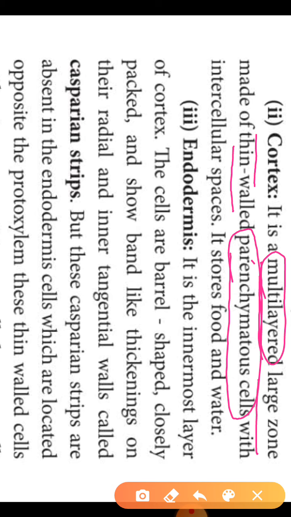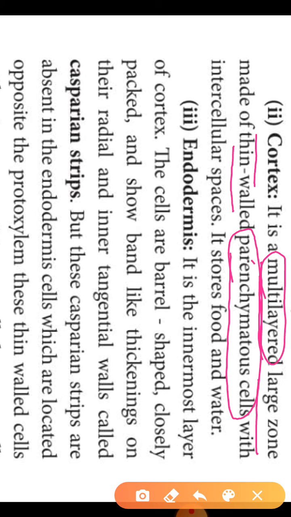Listen my dear, cortex is a multi-layered or many-layered large zone that is made up of thin-walled, single wall like, parenchymatous cells.